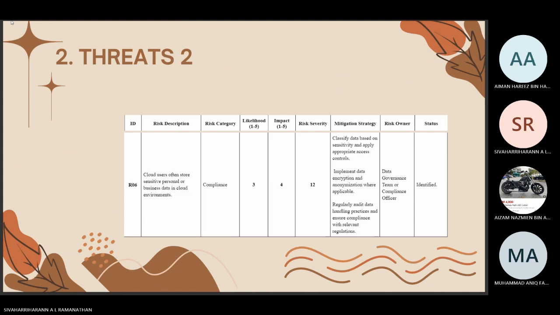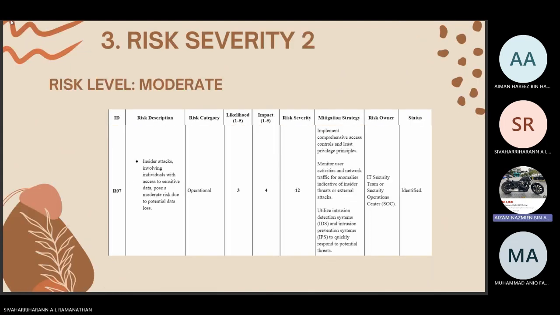Next, we have risk severity. The risk register identifies an operational risk associated with insider attacks where individuals with access to sensitive data pose a moderate risk due to potential data loss. The risk is assessed with likelihood of 3 and an impact of 4, resulting in the risk severity score of 12.